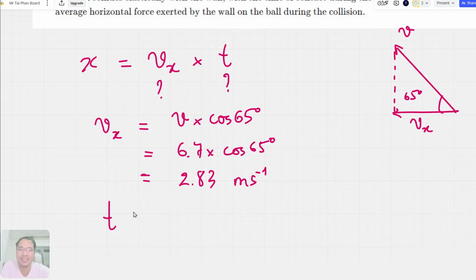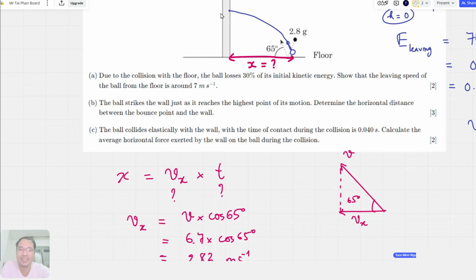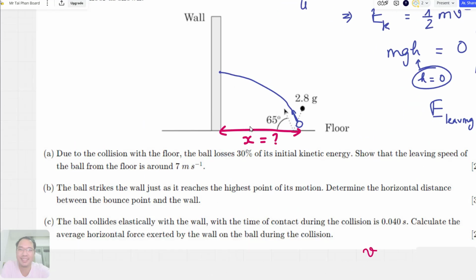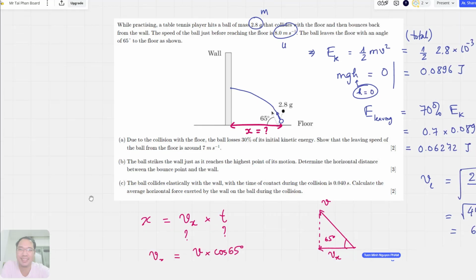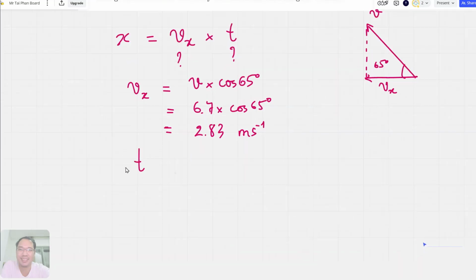Okay. Now the time it flies from the floor to the wall. How do we find that time? We have the starting horizontal speed. What do we have next? Actually, if I would find time, I would do the vertical part first. We find the vertical velocity, and then do all the things to find the time.